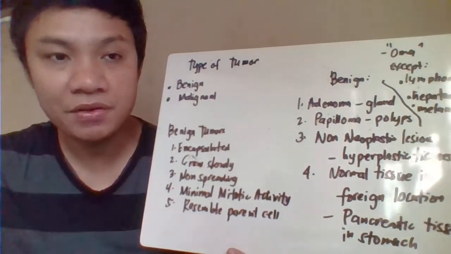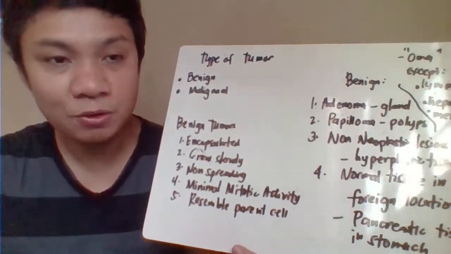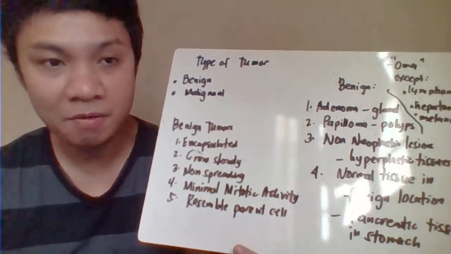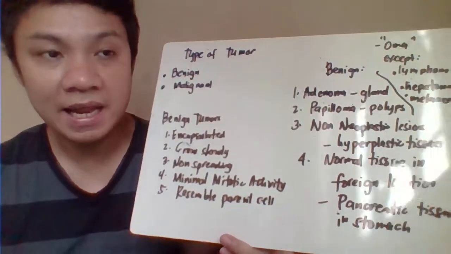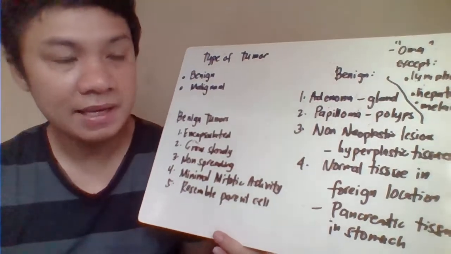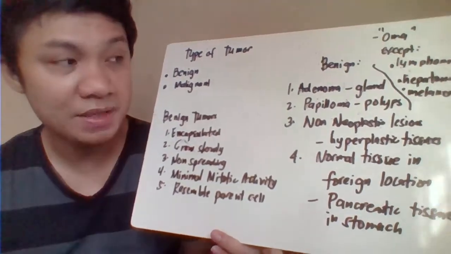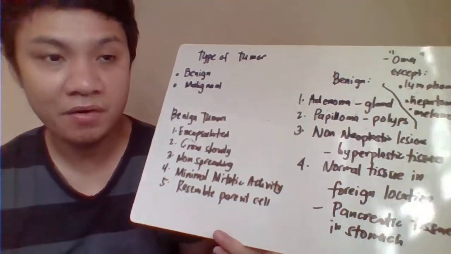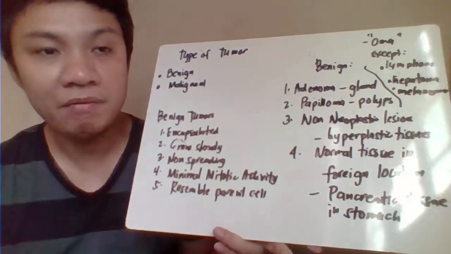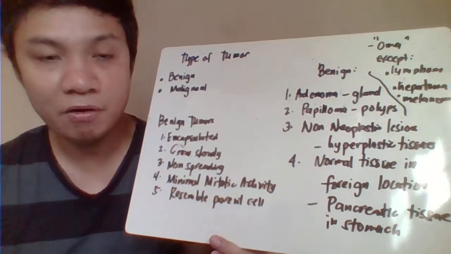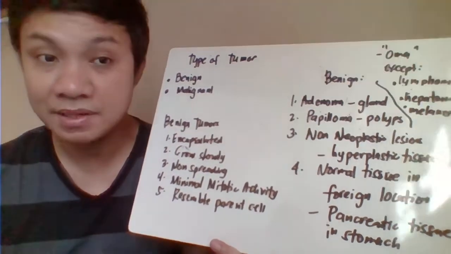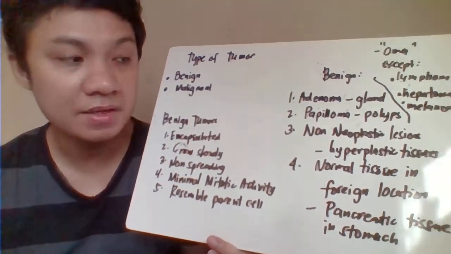Okay, examples of your benign tumor: we have adenoma, which is a benign tumor involving glandular epithelial tissues. We also have the papilloma for the polyps. And we also have the non-neoplastic lesion, characterized by the overgrowth of your normal cells in the form of hyperplasia.